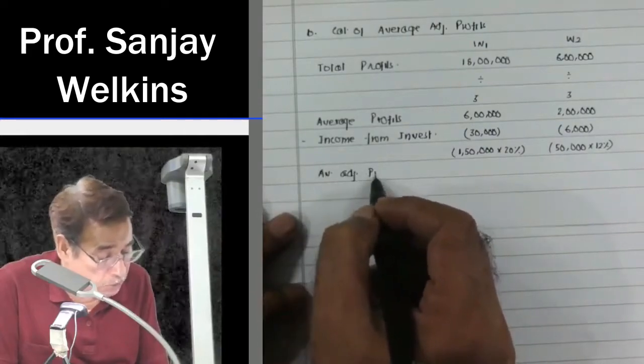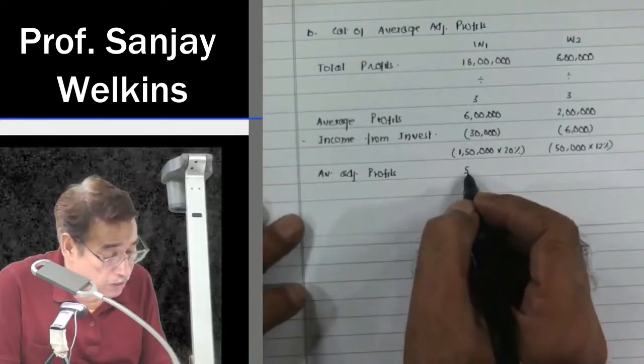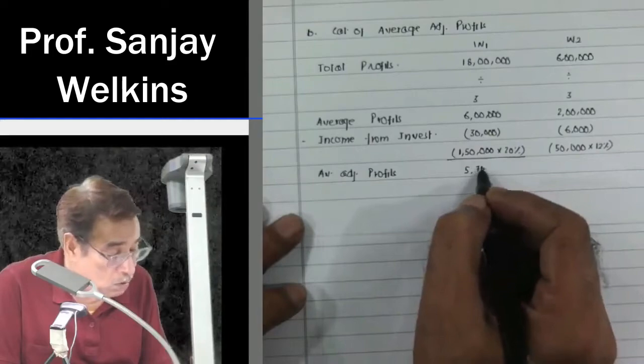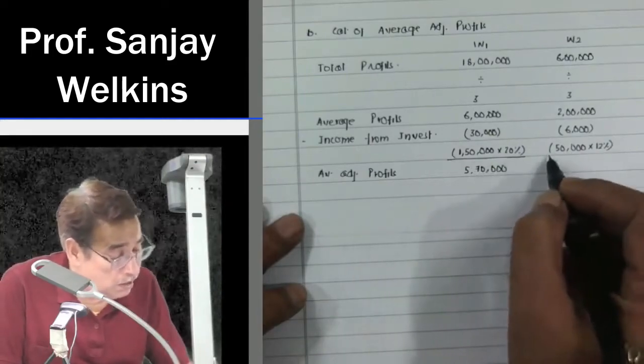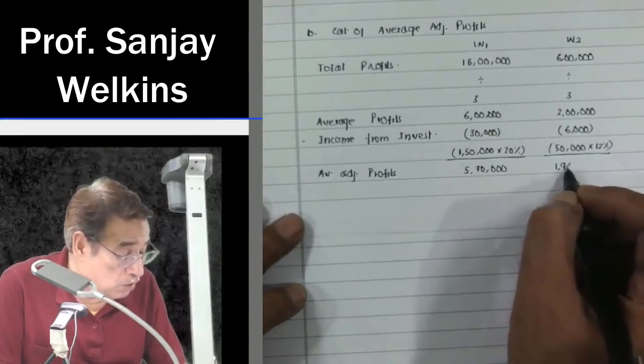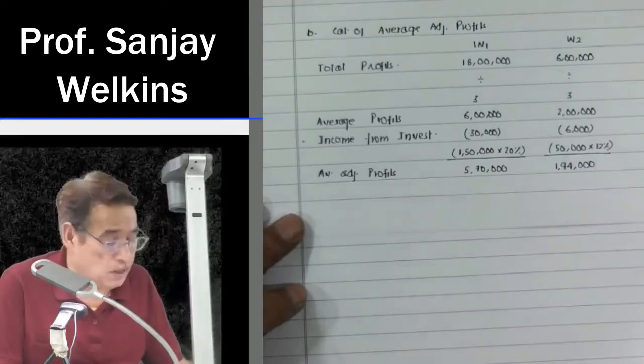Average adjusted profits will be equal to 5,70,000 and it will be equal to 1,94,000. So we have computed the amount of profits. Is it clear to you?